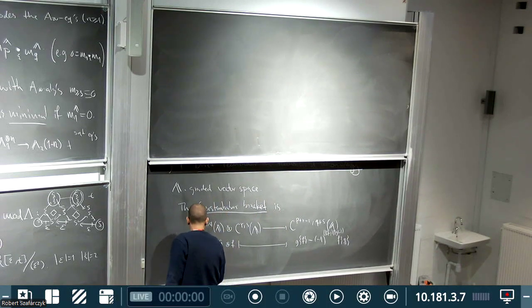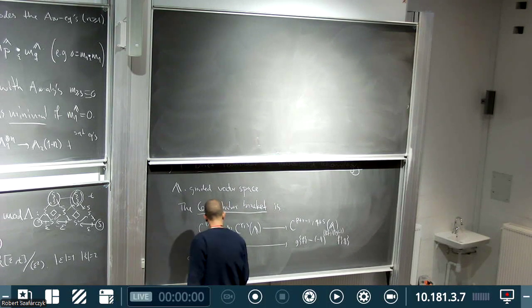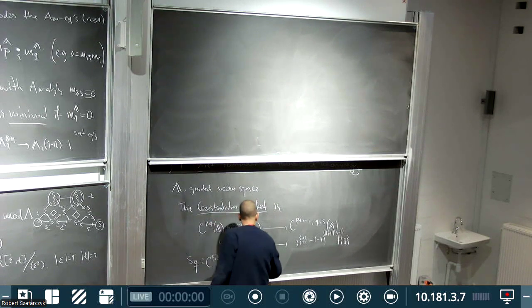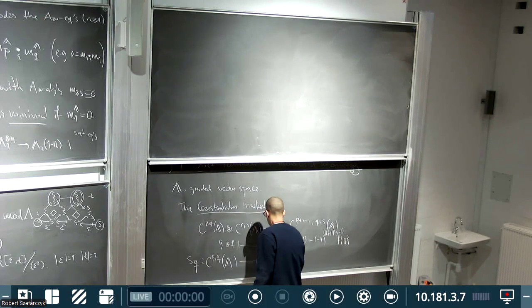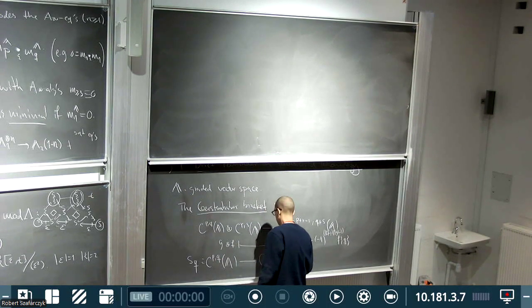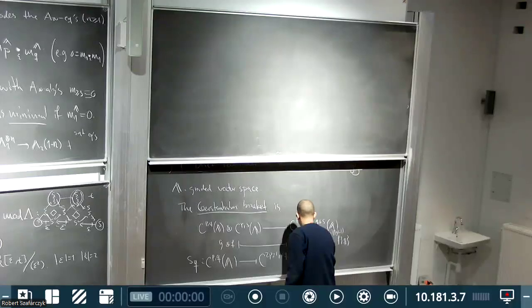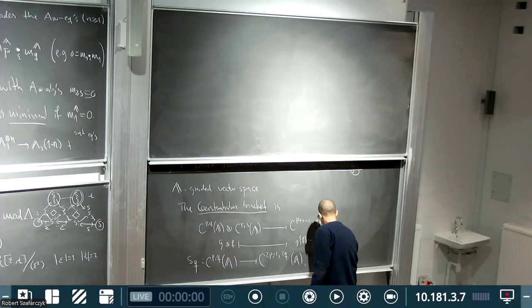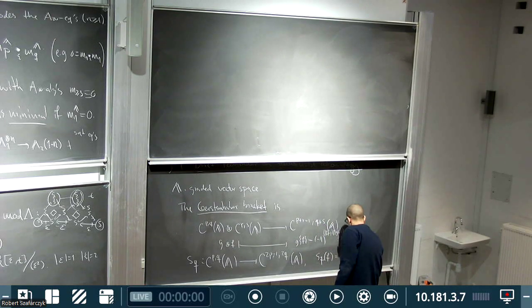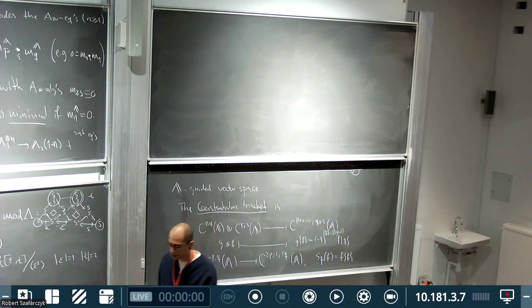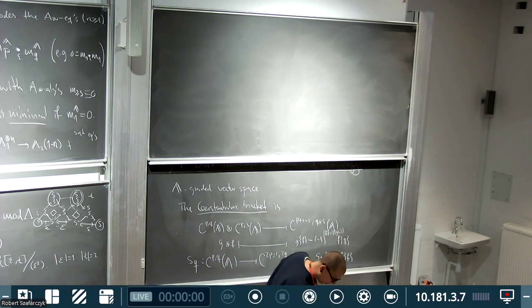The Gerstenhaber square is given by just the square of f, the self-brace. So this is no longer a linear operation.